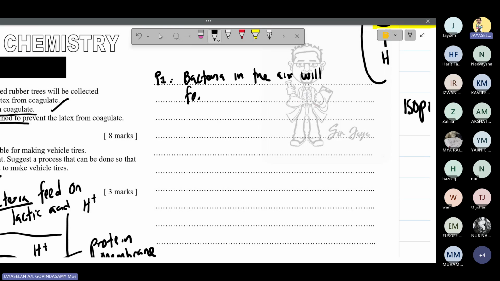Will feed on the protein membrane of rubber particles. Rubber particle means bulat, ada gelang, ada negative charges. Okay, banyak particles. So you already score 1 mark. Any question?